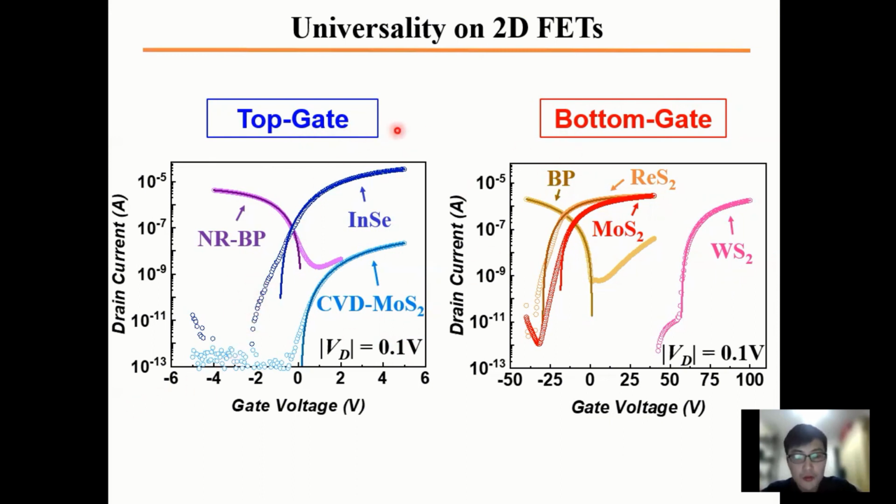The open dots are those from the measurements, and the solid lines are those constructed from our extracted parameters. One can clearly see that the fitting results fit excellently with the experimental results. This suggests that our proposed technique could be universally applicable for different types of 2D semiconductor FETs.